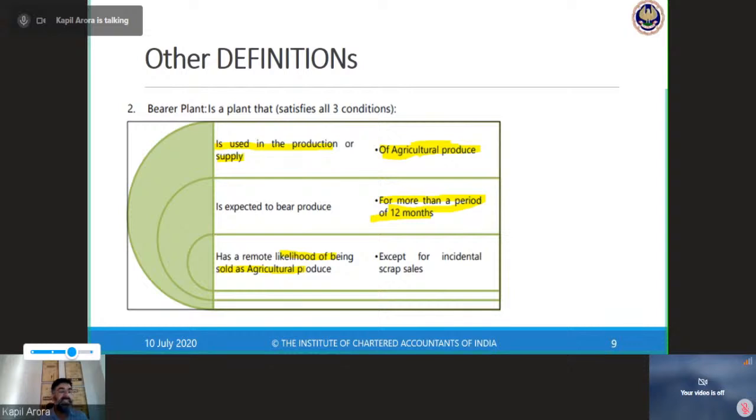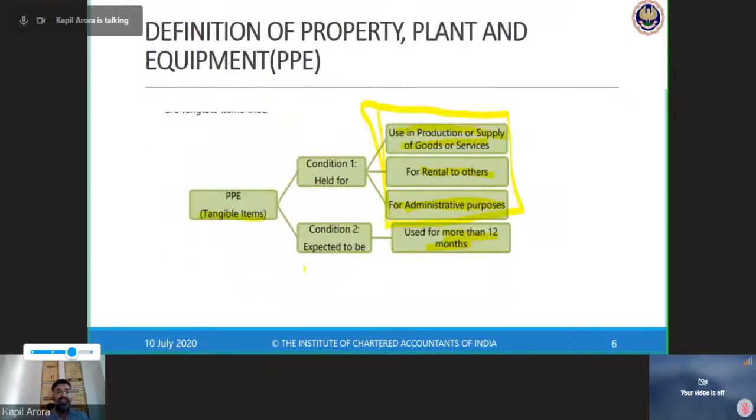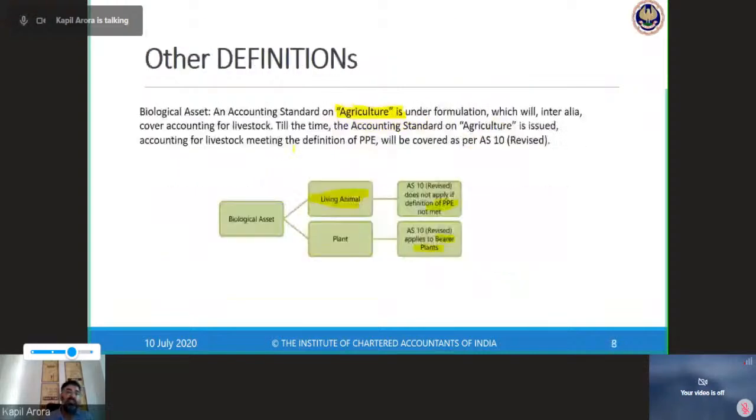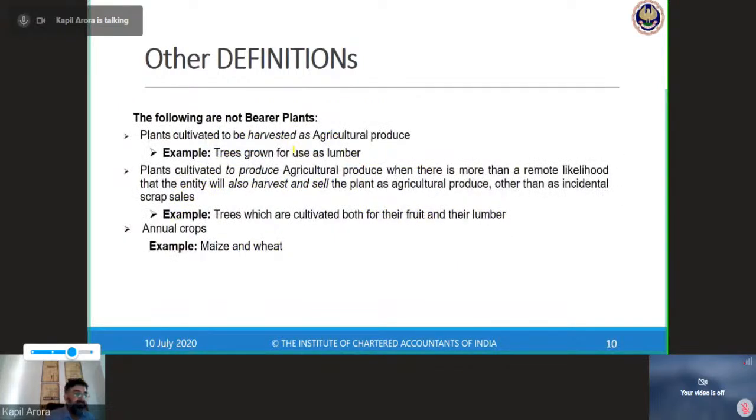So in the definition, it should be a tangible asset, kept for more than 12 months, and meet any one of these criteria. So condition 1 should be met with any one of these, and condition 2 should be met, that it has more than 12 months of life. Hope this is fine with everybody.